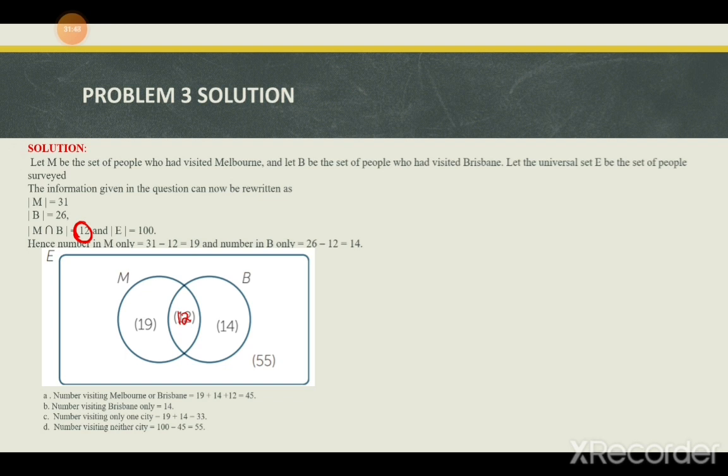Bakit? Kasi nakasali sila sa mga tao pumunta sa Melbourne and then yung mga tao pumunta sa Brisbane. Okay? So there are 31 people who visited your Melbourne. Tama? Minus 12 is 19.